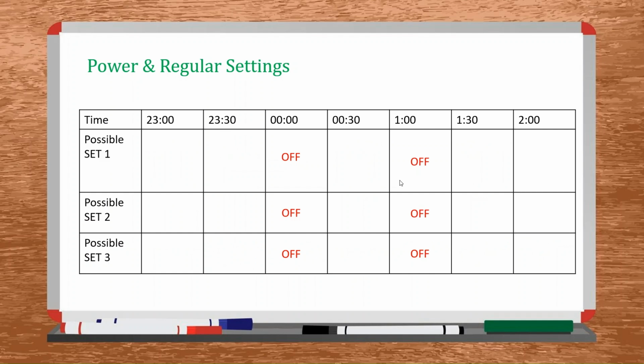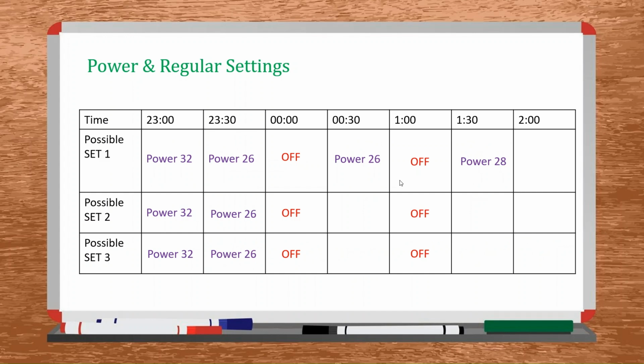So, let's now see what are the possible options that we have. We know that between 11 p.m. and 12 a.m. we will have to use only power mode. So these are the only options that we have in all the possible sets. We can use power mode in all 4 slots also, so the first set would be using power mode for all the required operations.